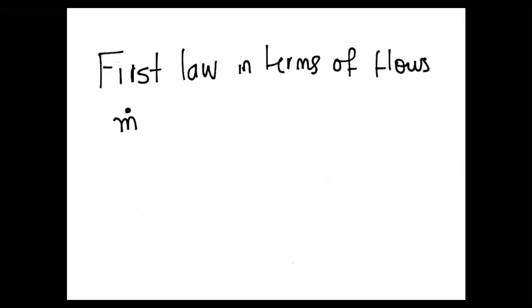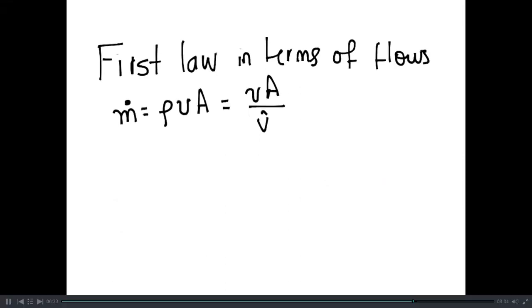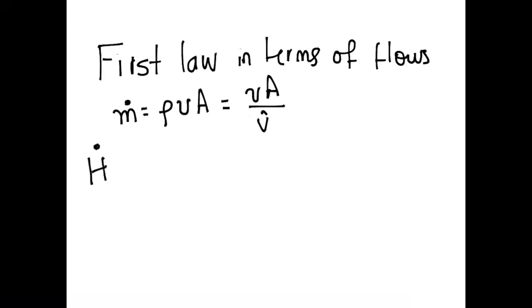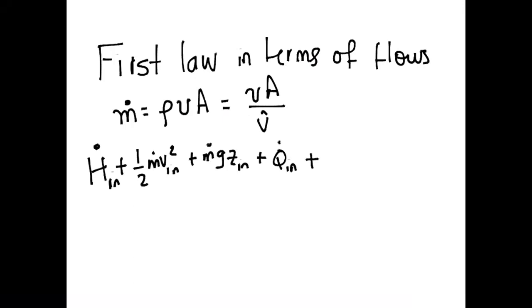Now we can have it as well in terms of flows, where the flow of mass, given as the density times velocity times area, which is also velocity times transverse area over specific volume, is multiplied by the enthalpy plus 1/2 of velocity squared plus gravity times position, all going in, plus the flow of heat in, plus the flow of work in, which is going to be equal to the same out.